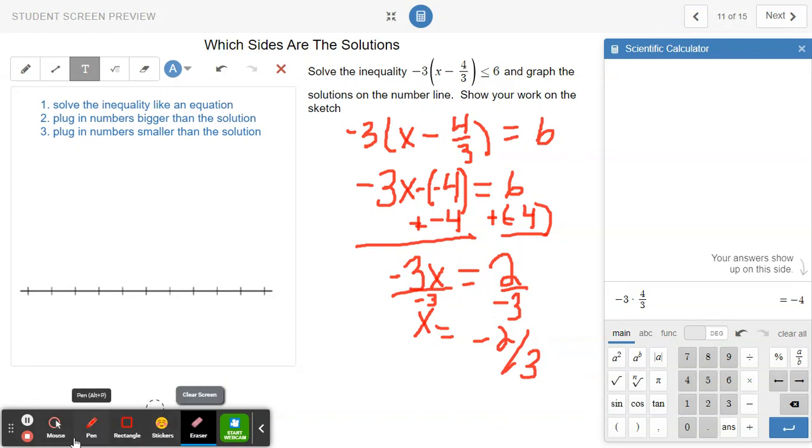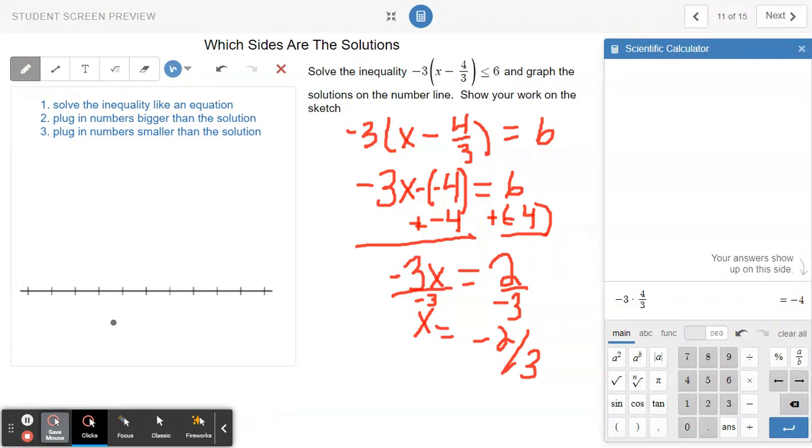We know this. And now what we're going to do, I'm going to go ahead and put my numbers here. So we have 0. We could put fractions, but I'm just going to go ahead and use positive. So this is going to be -1, -2, -3, and so on.